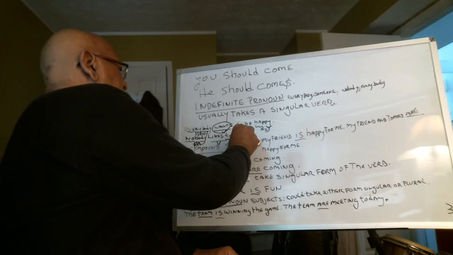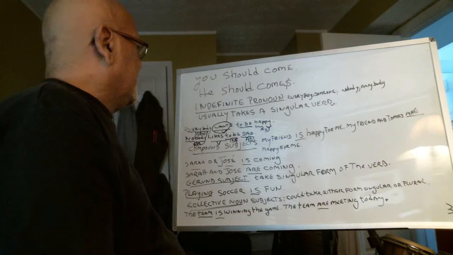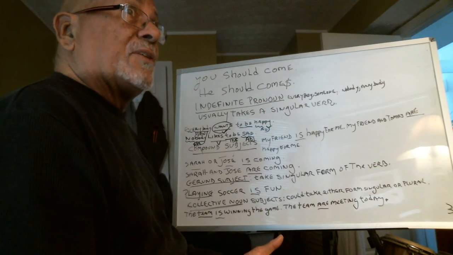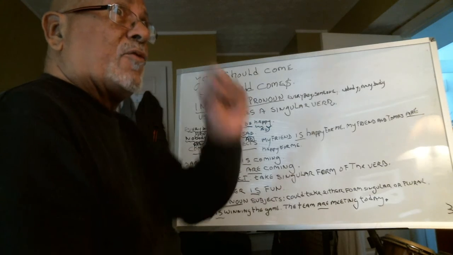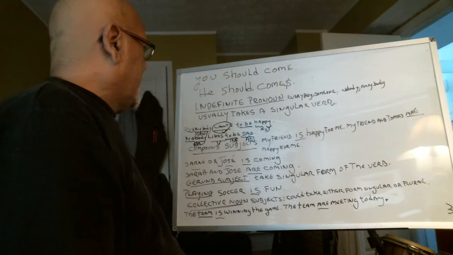Sad is an adjective. Nobody likes to be sad. There's some individuals that love to be sad, okay? But hopefully it's a small percentage of the population. Okay. Moving on.